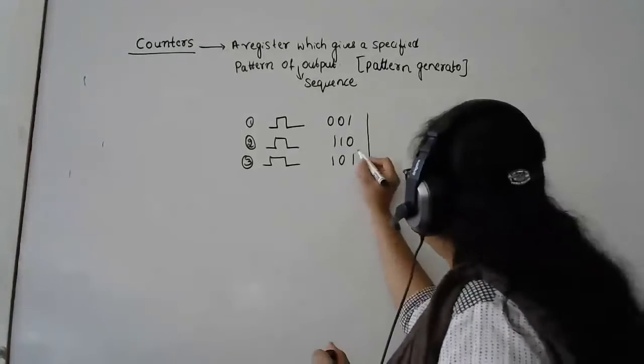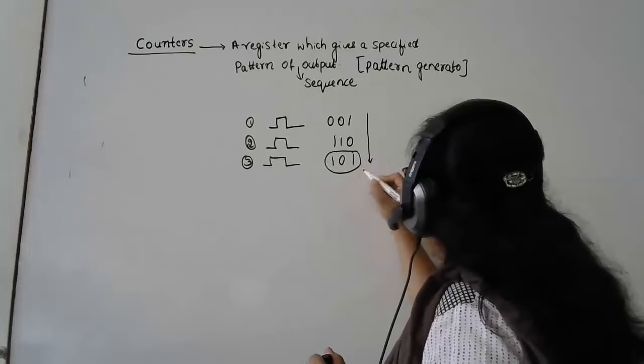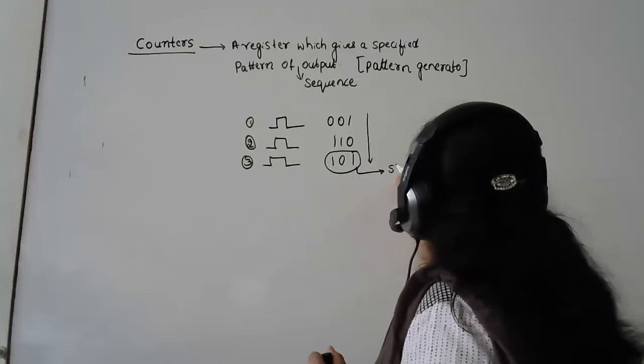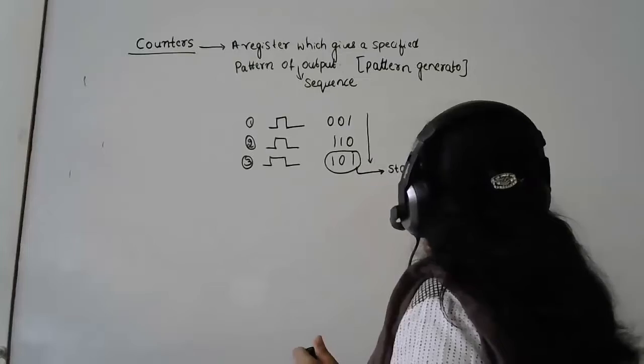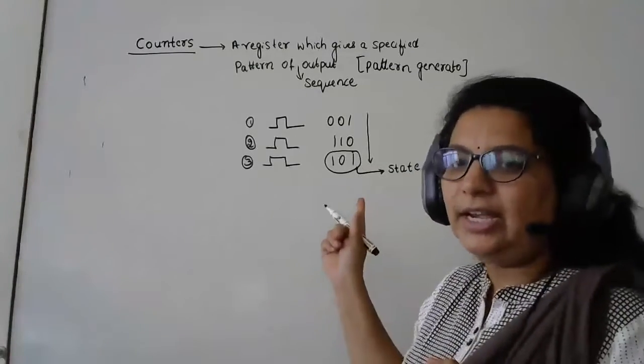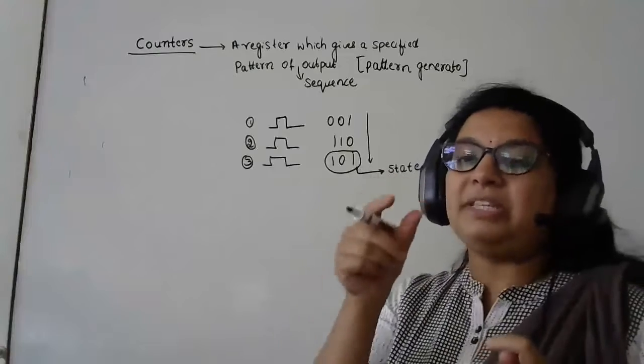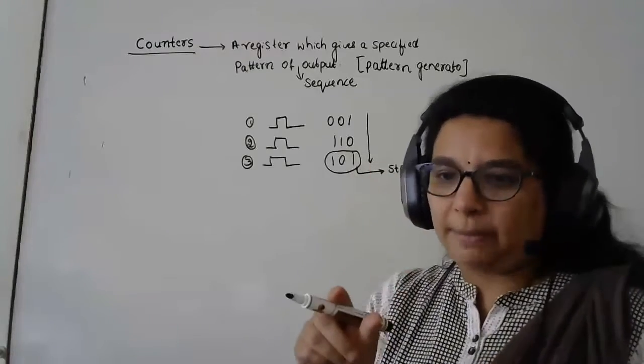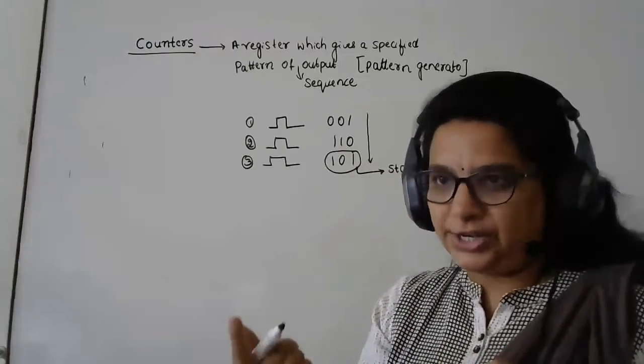Now, each specific output that I am getting, I call this a state. We have used this term state in many places, right? So, what is a state in a counter? A specific pattern of output, whatever I am getting now, I call it a state.